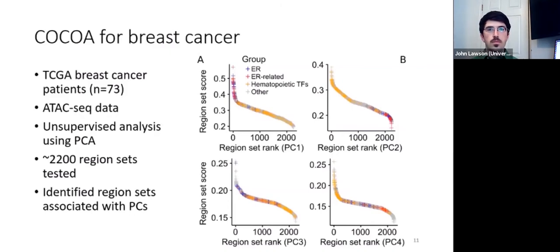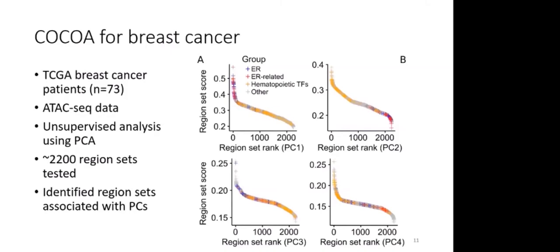And so after we do PCA of the ATAC-seq data, we use the principal components as our target variables and run them through COCO. And so we can see here, I'm showing each region set ranked, and then I'm showing its score. So you can see for principal component 1, the top region sets are estrogen receptor or estrogen receptor related.